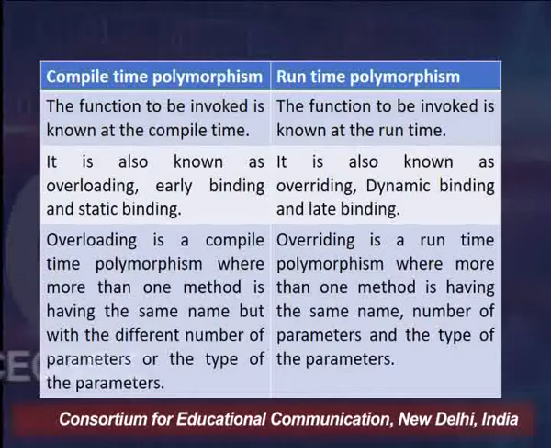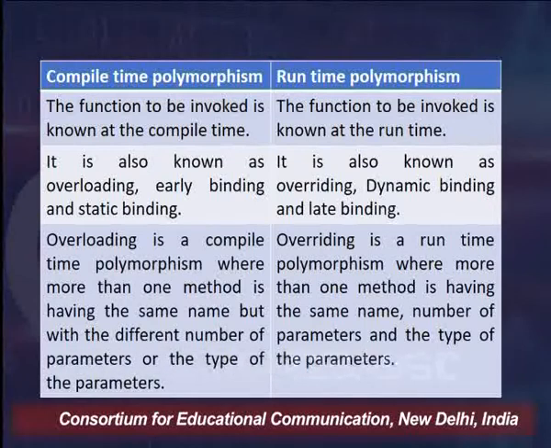In compile time polymorphism, more than one method has the same name but a different number of parameters or different types of parameters. It is not only the number, it could be the type of parameters which is different.